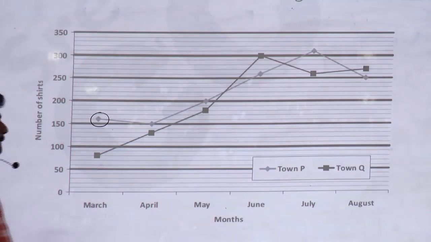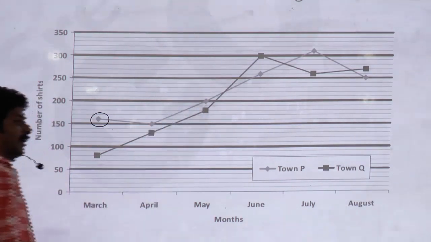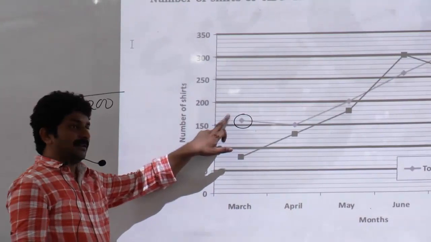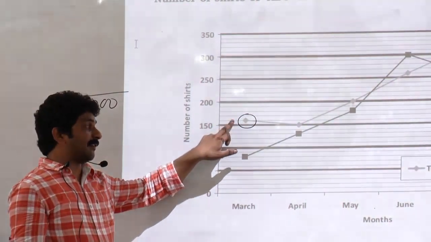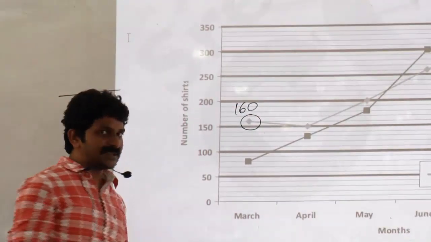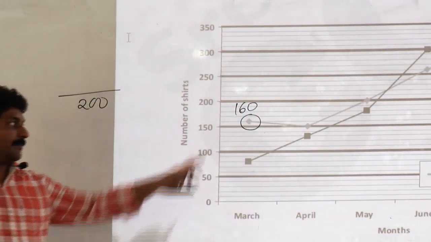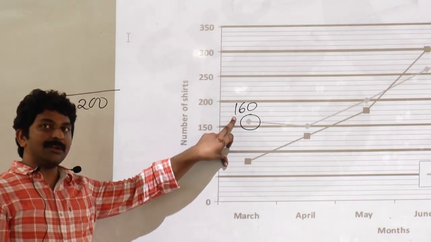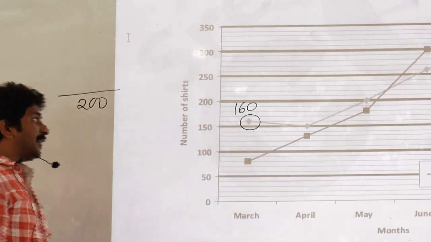May, how much is this? 200. And in September, it is 80% of this number. 20% less they said, right? 10% is 16. 20% is 32. 32 less than 160. 128.